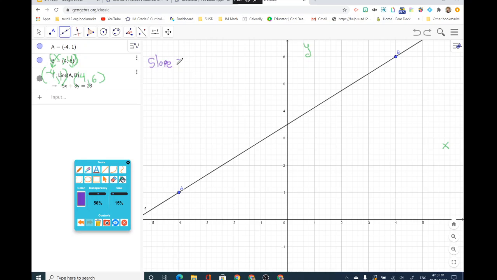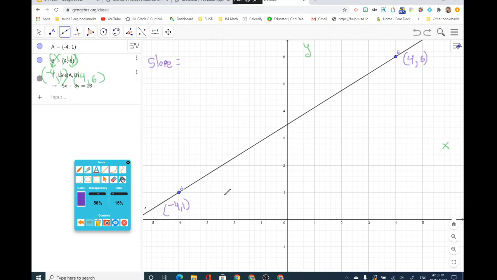To find the rise, you can subtract the y coordinates. The y-coordinate of this point is, well, let me list the x-coordinate first so that I keep the notation the same. So this point's coordinates are 4, 6. This point's coordinates are -4, 1.